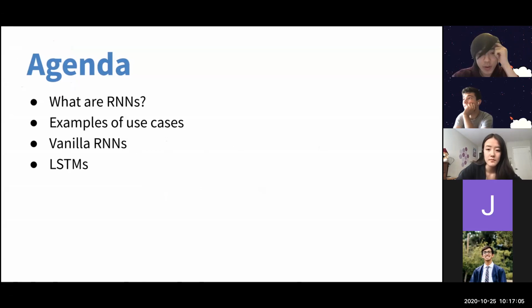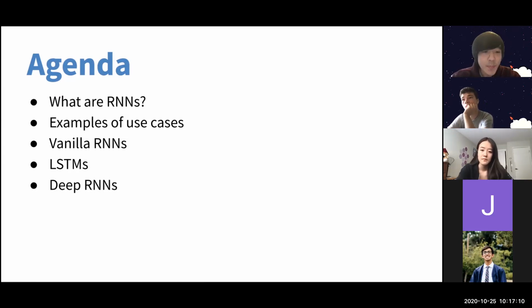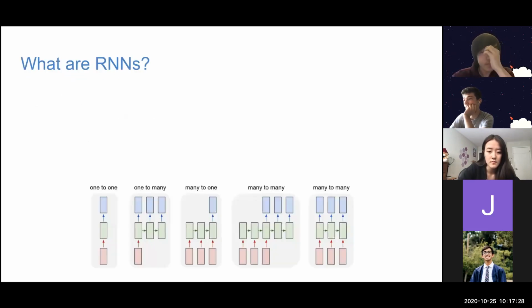And then after that, we'll go into more complicated RNNs like LSTMs. We'll look at deep RNNs, so how do you stack RNN cells and learn more complex models. And then finally, we'll look at a specific type of use case of RNNs called seq-to-seq, and that's also what the notebook is going to be based on.